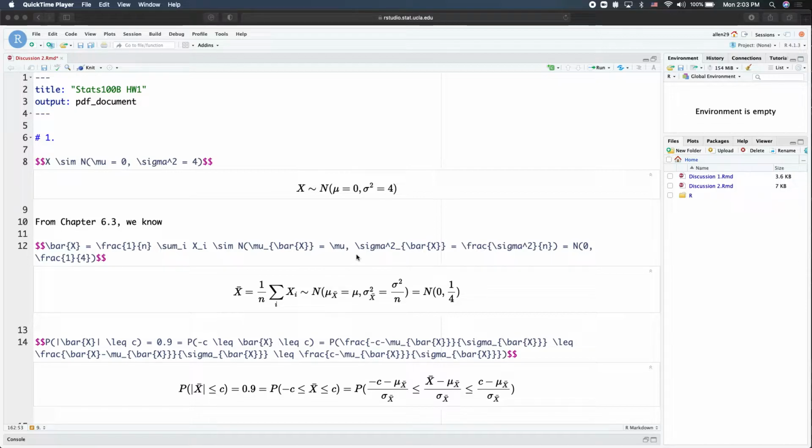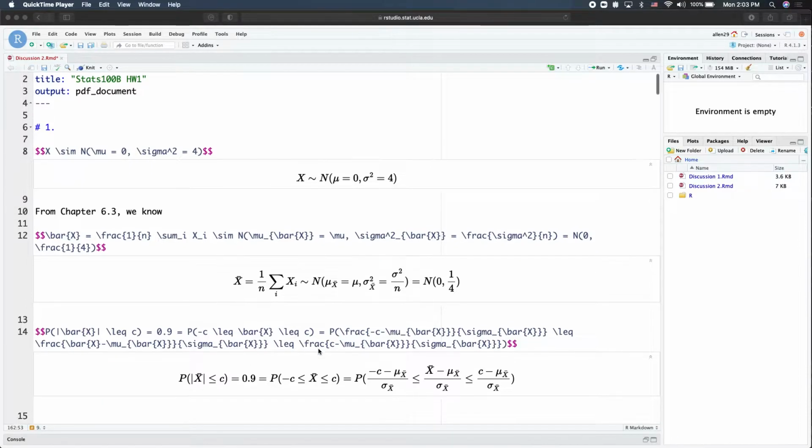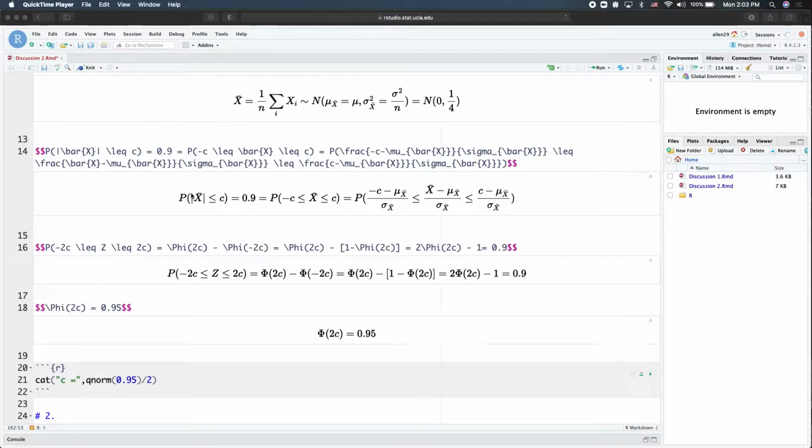Once we have that, which also follows a normal distribution, we can evaluate this quantity. The absolute value of x bar less or equal than c, we can expand as a range: x bar falls between negative c and positive c. x bar is a general normal distribution, so we can apply a transformation to convert it into a standard normal by subtracting the mean of x bar and dividing by the standard deviation of x bar.